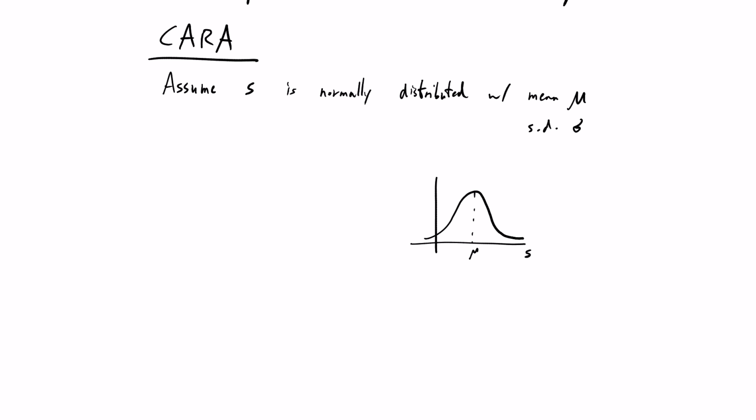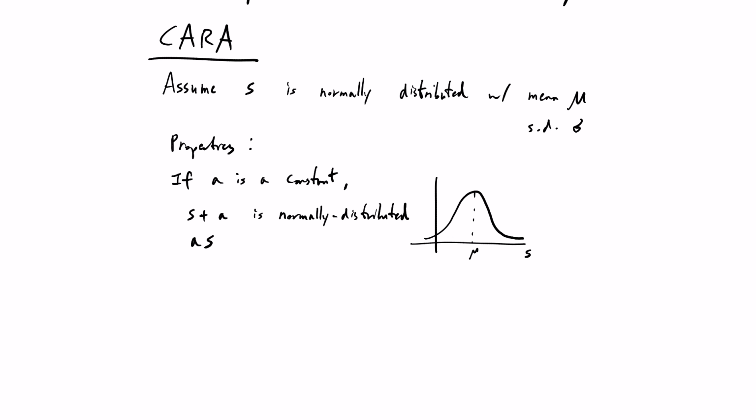And I think you should know the properties of the normal distribution. If A is a constant, S plus A is also normally distributed. And furthermore, A times S is also normally distributed.